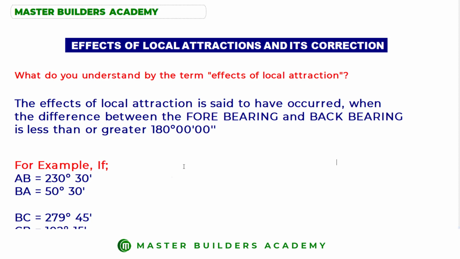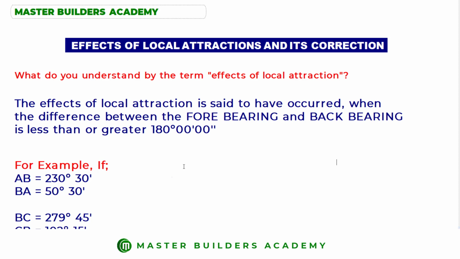These are the three conditions. When it is less than 180, there is effect of local attraction. When it is greater than 180, there is effect of local attraction. But when it is exactly 180, then there is no effect of local attraction.